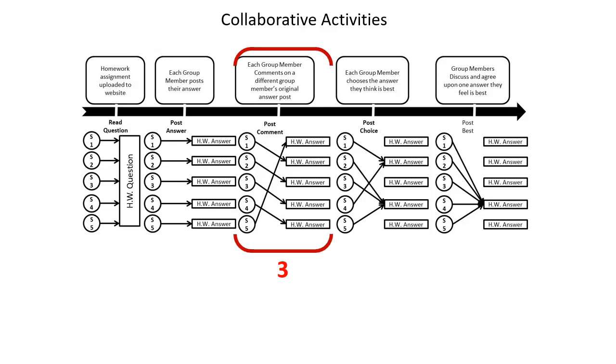Then each group member was required to comment on another group member's answer, to give constructive criticism, or to say why they thought it was a good example, again in the target language. Then each group member would choose one of their group's answers as the best answer, giving a reason why, and explaining it in English on the Moodle website.